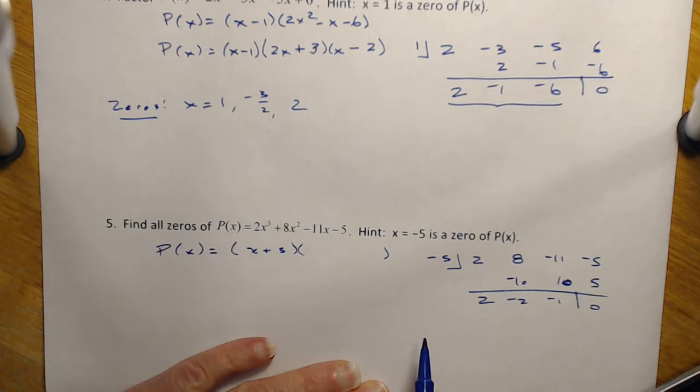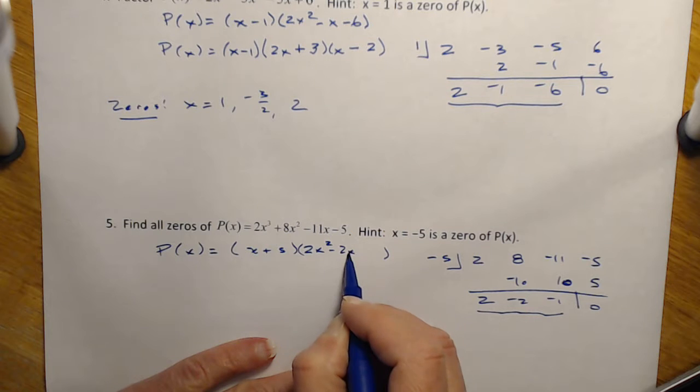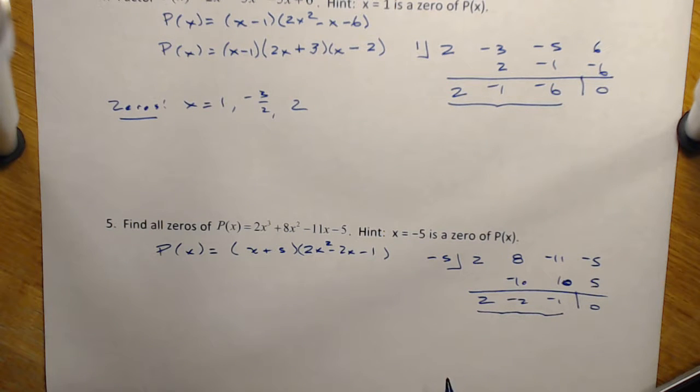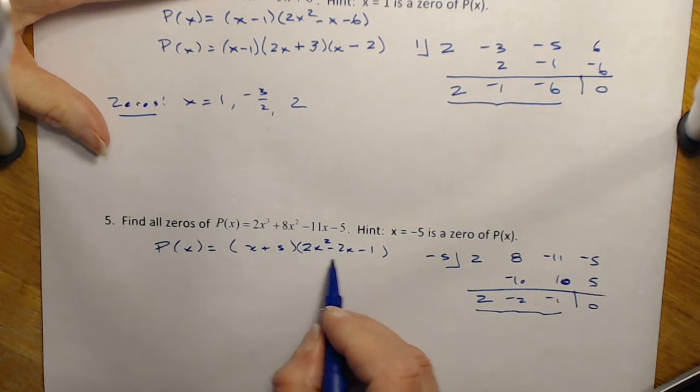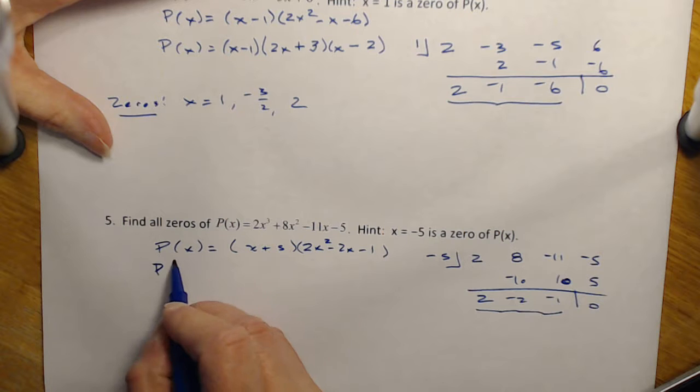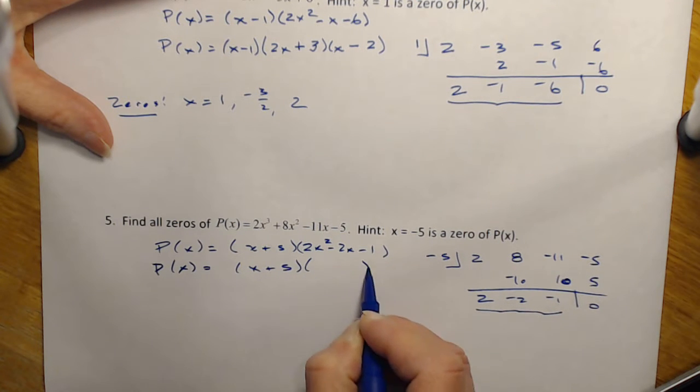And it is. And more importantly, I have this remaining factor. So now we have our two factors. If we could factor it some more, like we did above, we could get our other zeros.